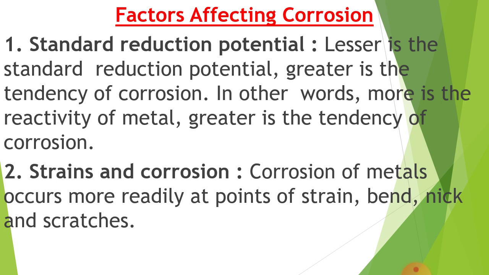Second factor, strain and corrosion. Corrosion of metals occurs more rapidly at points of strain, bends, nicks and scratches. So as you've seen, where the bending occurs or more strain is given to the metal, there will be more corrosion at that point.